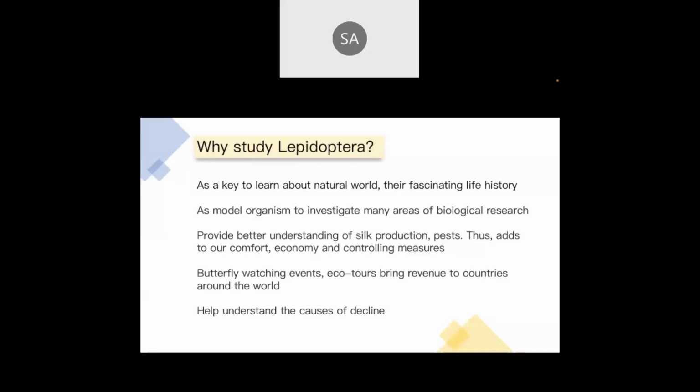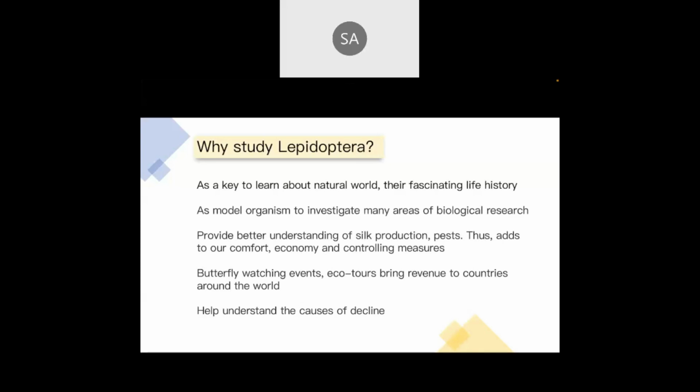A lot of moths we can see are pests to our crops and some other necessary things like clothes. They become pests, and so we need to control them. In order to control them, we need to know about their biology. How do they live? Their life history. What do they eat? Why do they destroy our crops? To understand this, we need to study them.